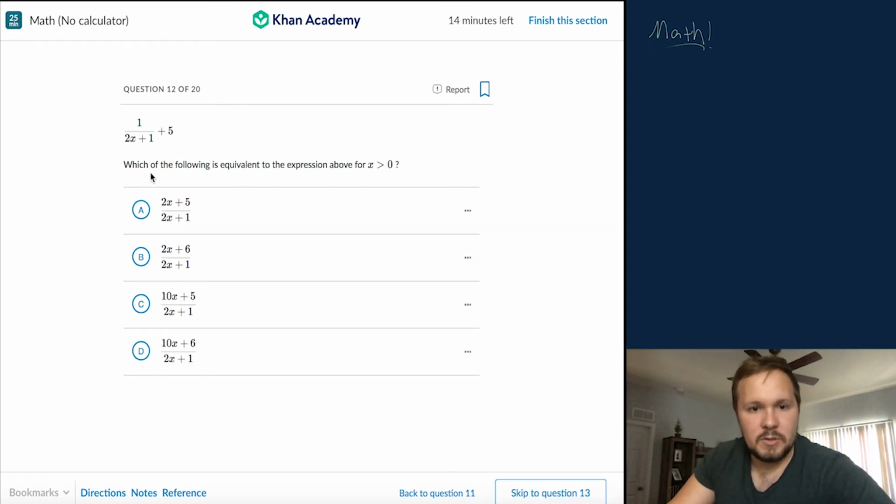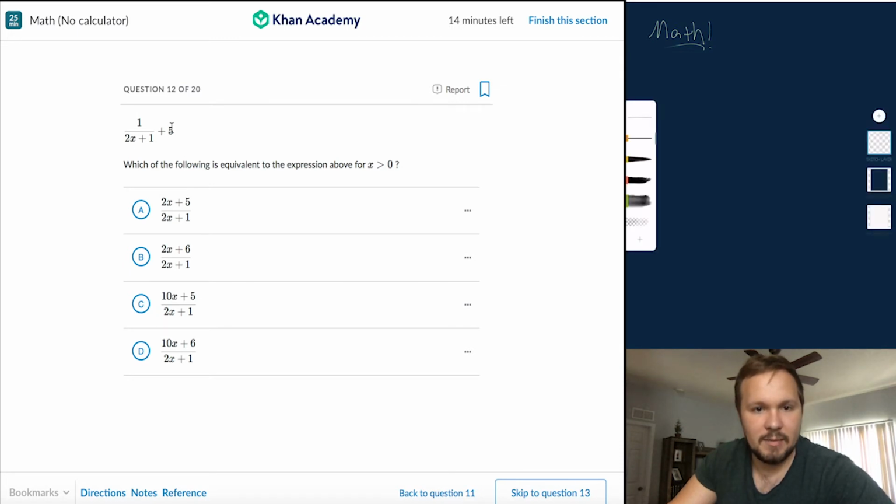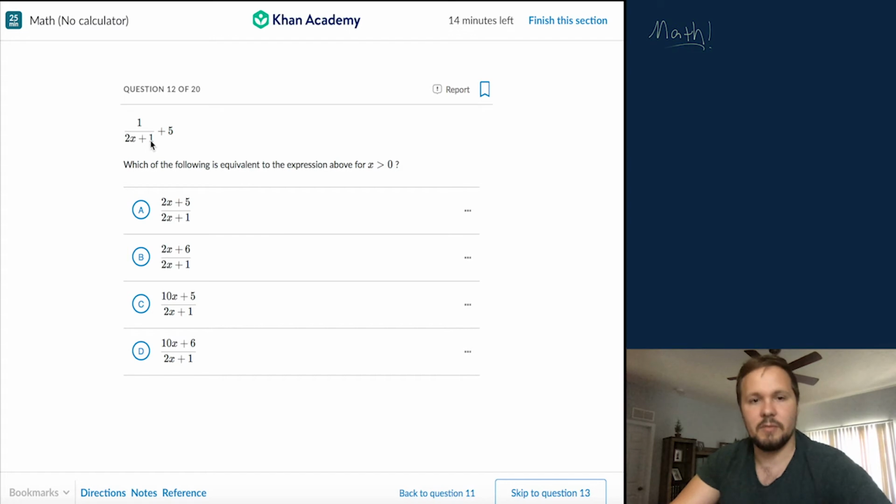Okay, so here we need to take this 5 on the outside and multiply it by the denominator of this fraction that we have over here, and then make a fraction out of it that way. So the way that we do this is we multiply 5 times 2x plus 1, and we put it in the numerator, and then we add 1 to it.